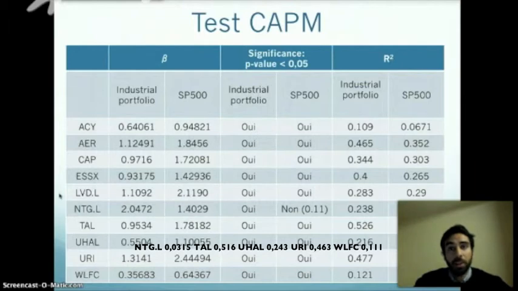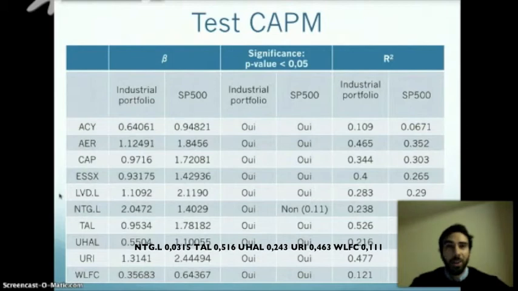Moreover, we know that the closer R square is to 1, the more efficient the model is. So considering this, we can notice that the R square of the industrial portfolio fluctuates between 0.1 and 0.477. So we can say that it is quite good.